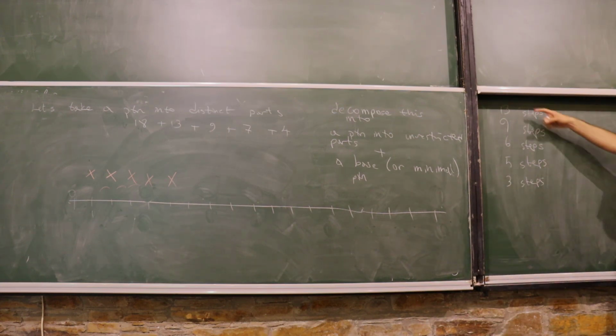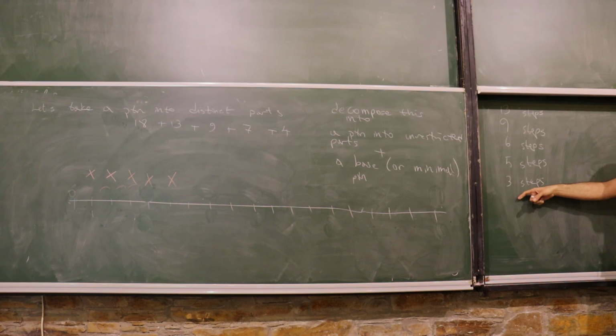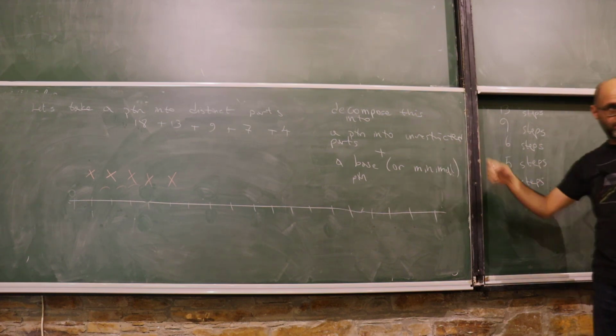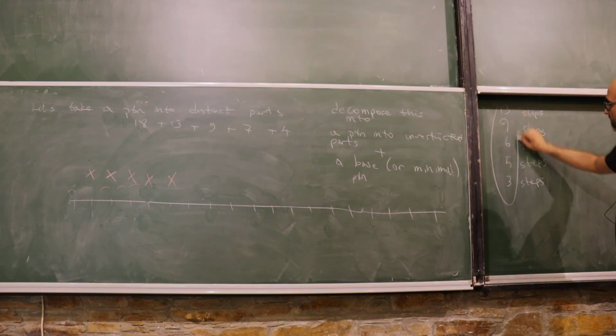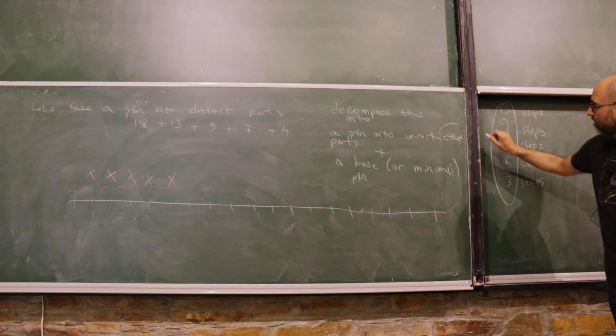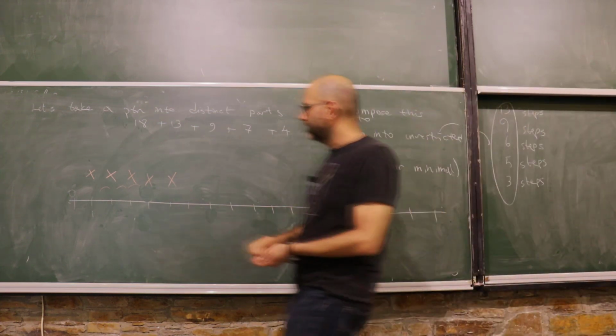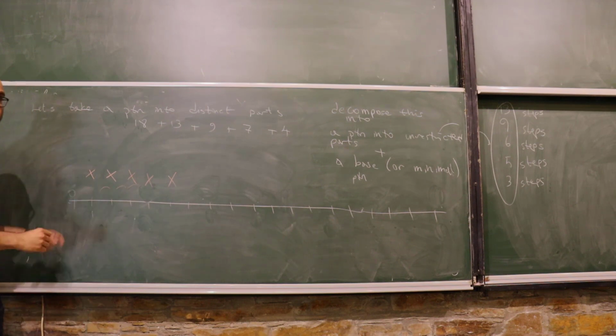It's obvious that these numbers of steps are in the desired order, and this is going to give us the partition we are looking for. This is going to be the partition into unrestricted parts. And those guys over there are going to give us the base partition, or the minimal partition.